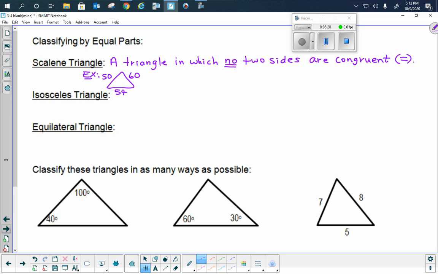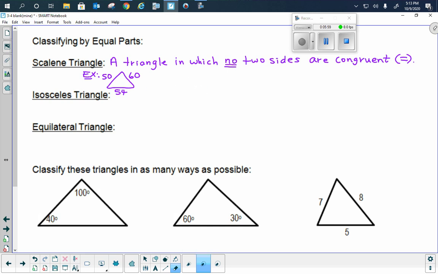The two smaller sides have to add to be greater. So real quickly, do the smaller sides, 50 and 54, add to be greater than 60? And you could tell me that 104 is greater than 60. And yes, those side lengths do make a triangle. Okay? That's the triangle inequality from a previous section.